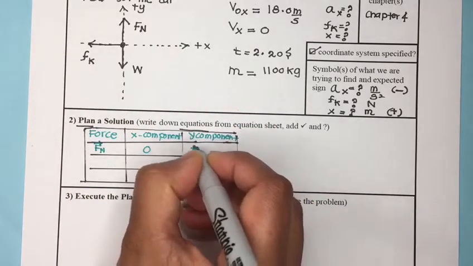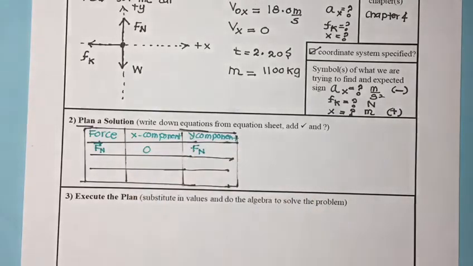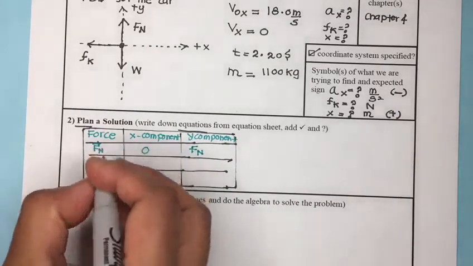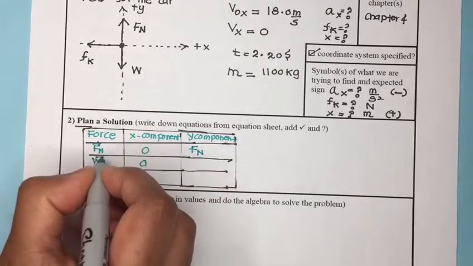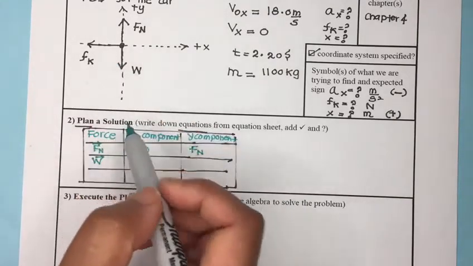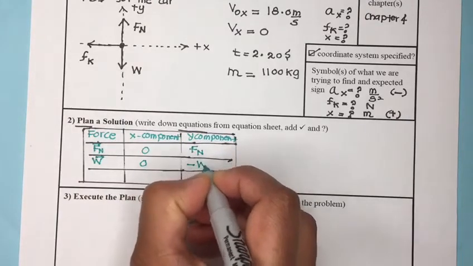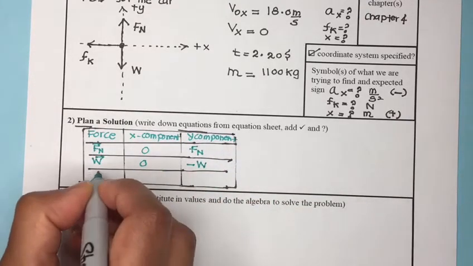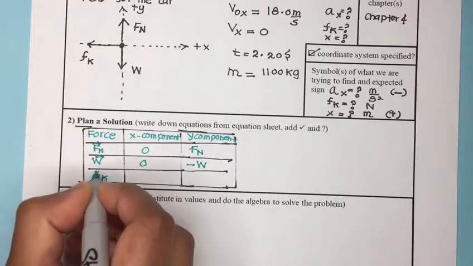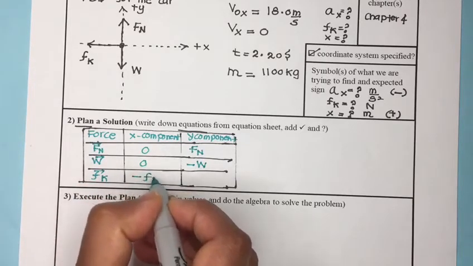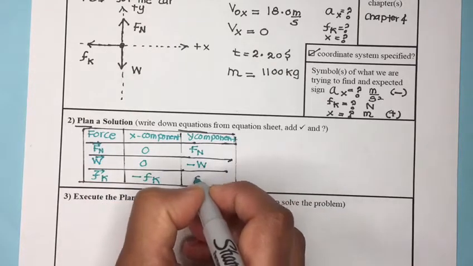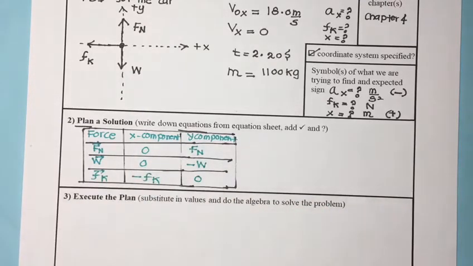The second force is the weight, and weight is acting in the y direction, so again there's no component in the x direction, that would be 0, and the y component is negative because weight is acting directly downwards. And then kinetic friction: friction always opposes the motion. Since the object is moving to the right, friction should act to the left, so it's negative.